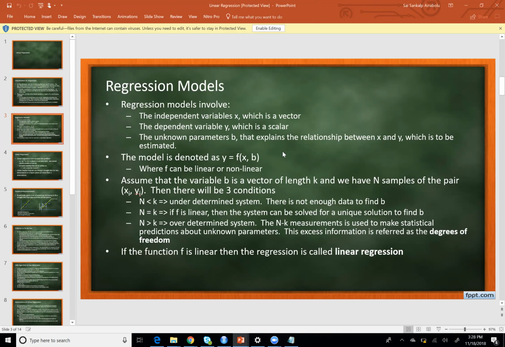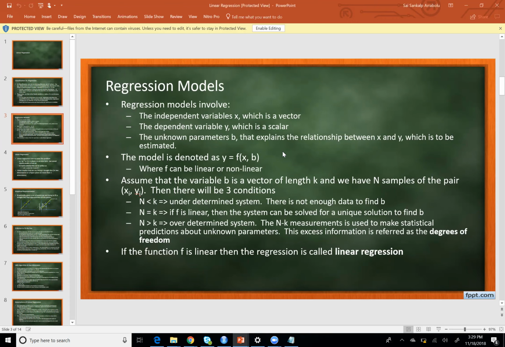In the case of polynomial regression, is f linear or non-linear? It's non-linear, right? Because a polynomial fit is not linear; linear means x is raised at most to the power 1.